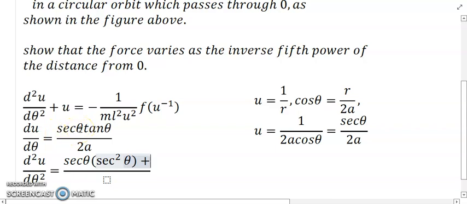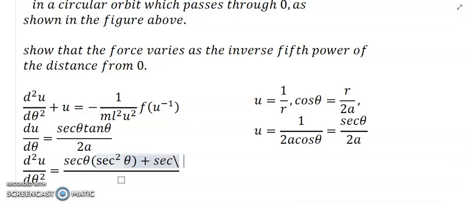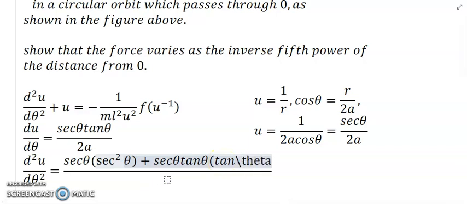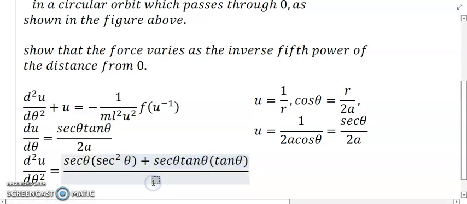The derivative of secant theta is secant theta tangent theta, so we get secant theta tangent theta, and don't forget that we have tangent theta, so tangent theta, all divided by 2a.